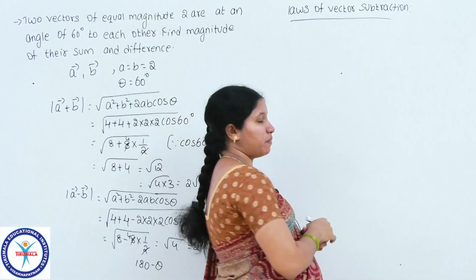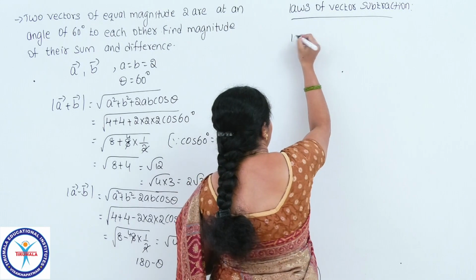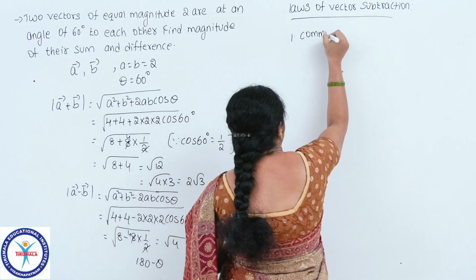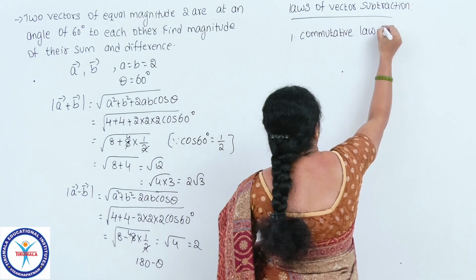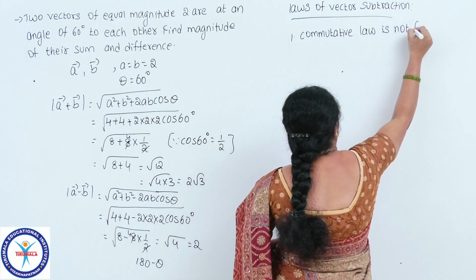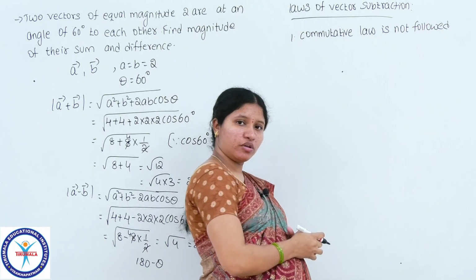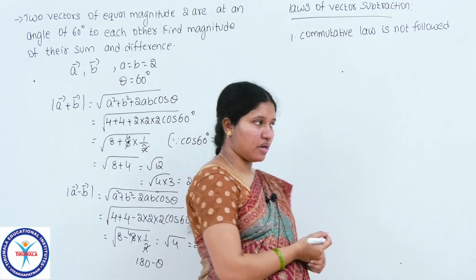So vector subtraction does not follow commutative law. I am considering two vectors P bar and Q bar.